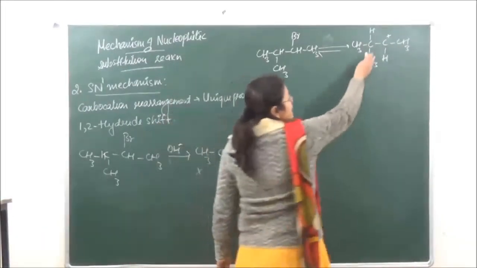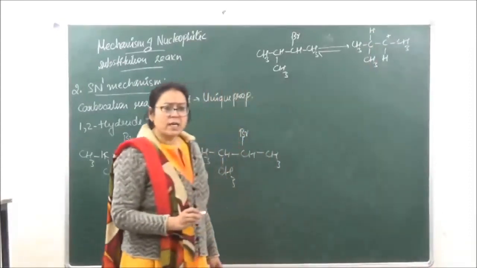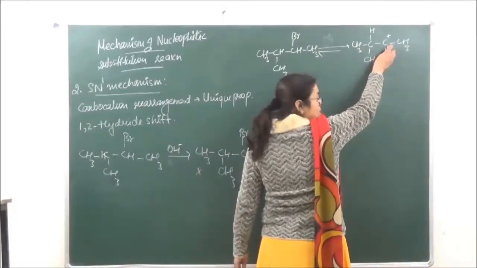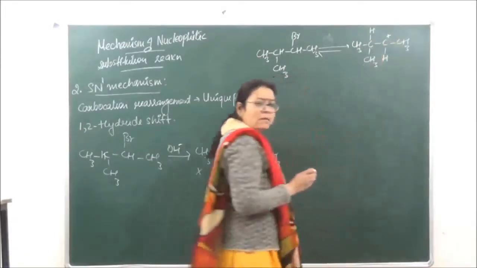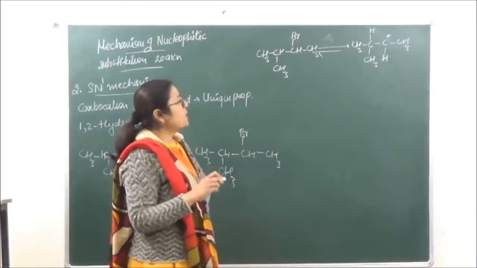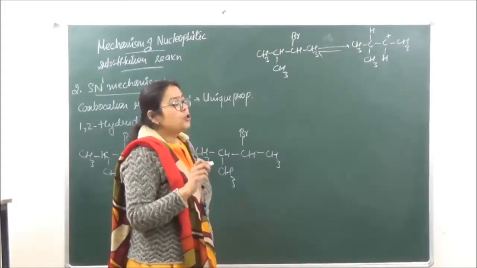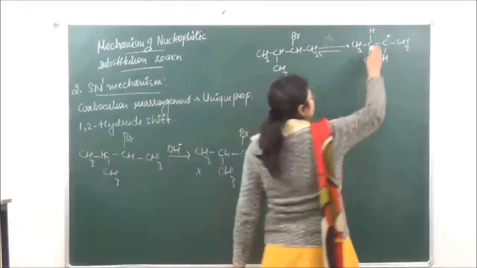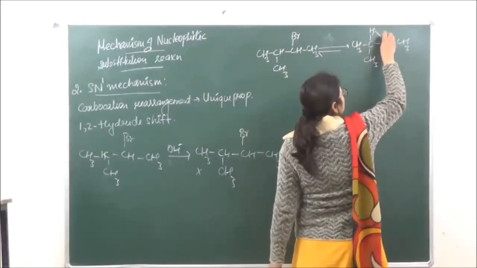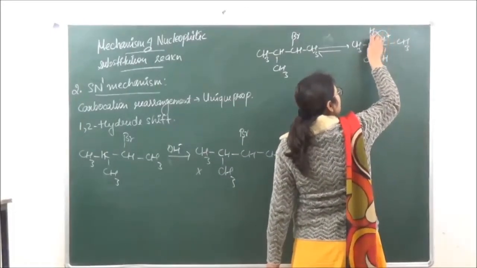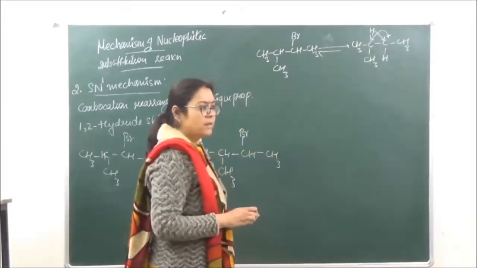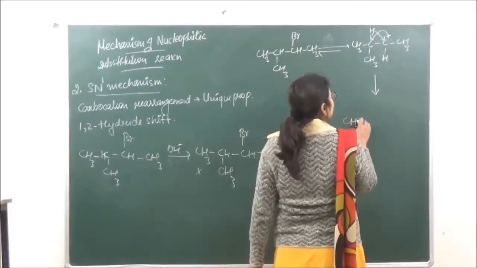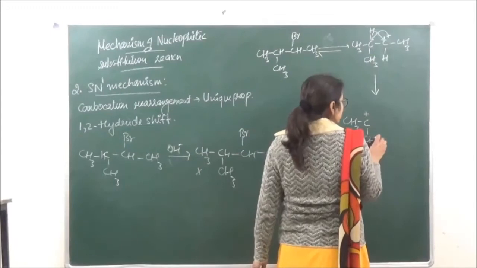But if you're looking at this carbon atom over here, this is going to be a tertiary carbon atom because it is attached to 3 alkyl groups, 3 carbon atoms, and this carbon atom is only attached to 2 carbon atoms.